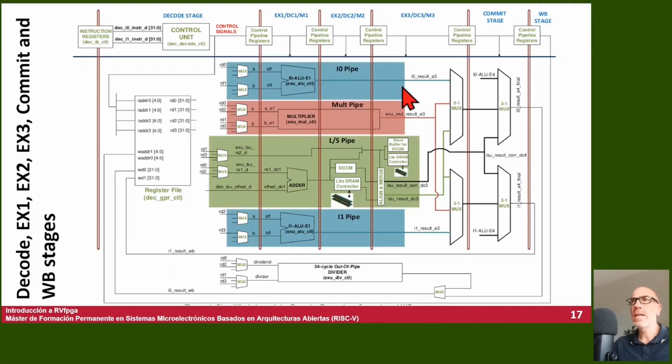Next, instruction execution occurs, which as mentioned is divided into 3 stages. Each path will be different. The blue integer path has an ALU in the first stage, with minimal work in the second and third stages. The multiplier is divided into 3 stages, each performing a specific multiplication task.